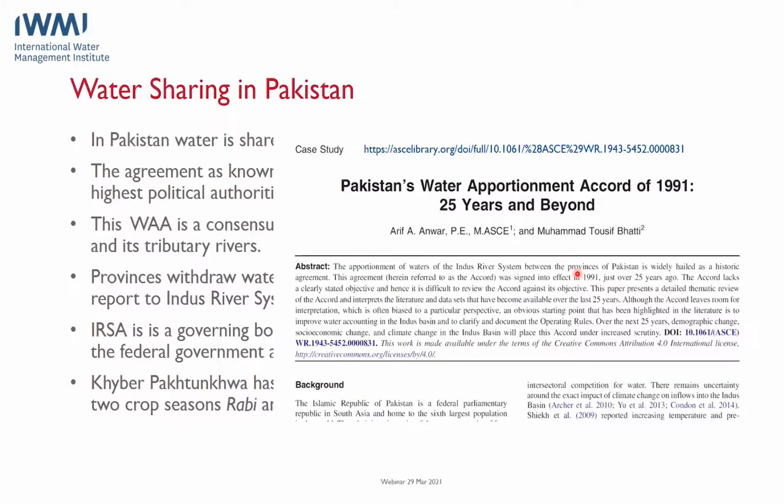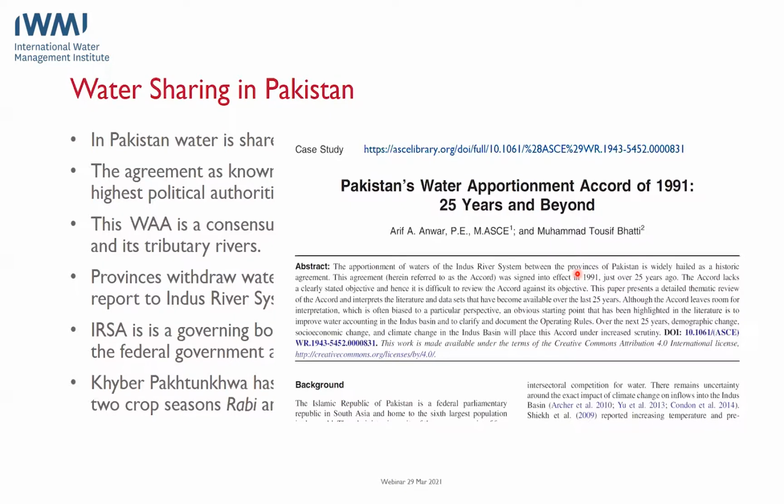We published some work when we marked 25 years of the water apportionment accord in 2017. You can find this paper on the internet. It's an open access publication, where we tried to gather data on how this accord has been implemented in 25 years. We conducted a series of dialogues with the key stakeholders, which are basically the 4 irrigation departments of the provinces and also the water professional institutes in Pakistan.